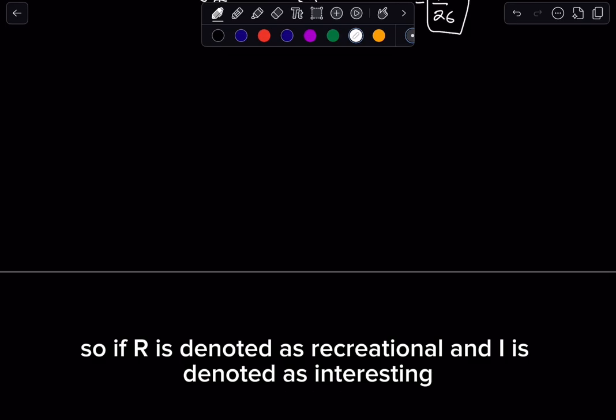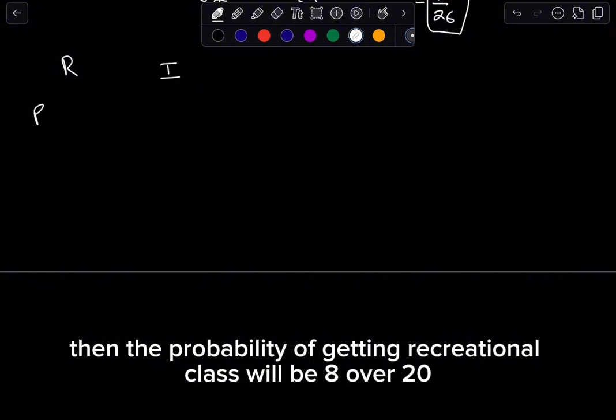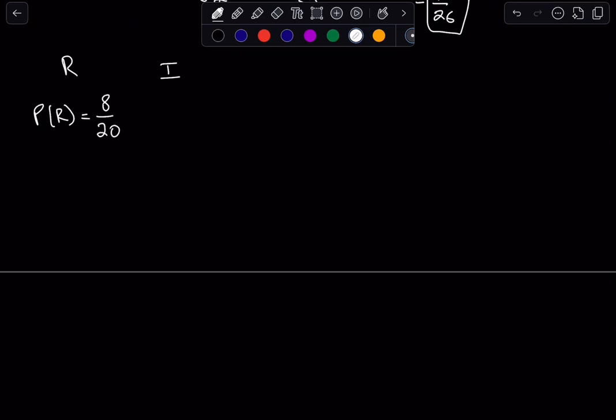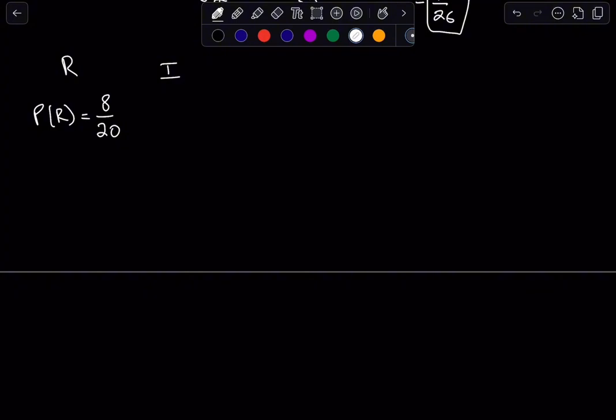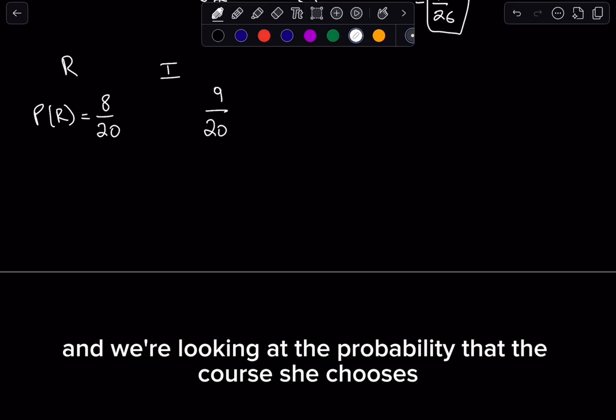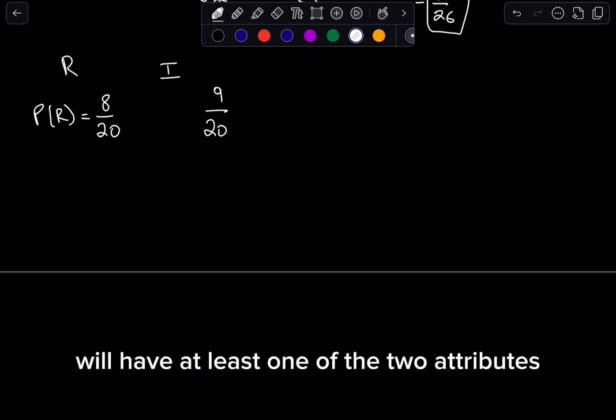So if R is denoted as recreational and I is denoted as interesting, then the probability of getting a recreational class will be 8 over 20. The probability of getting an interesting class will be 9 over 20. And we're looking at the probability that the course she chooses will have at least one of the 2 attributes.